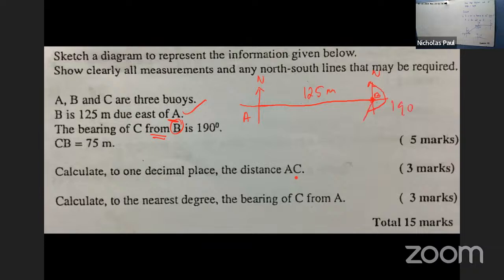And I'm drawing a line. Remember, we don't know exactly where C is. All we know is that B to C is 75 meters. Then draw a line here and connect them. So your finished diagram will look like that.